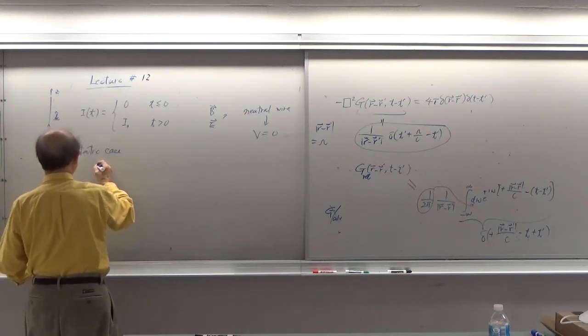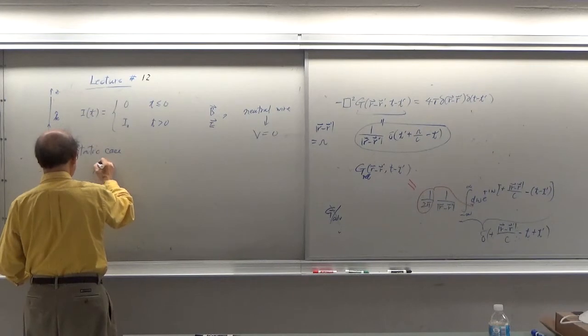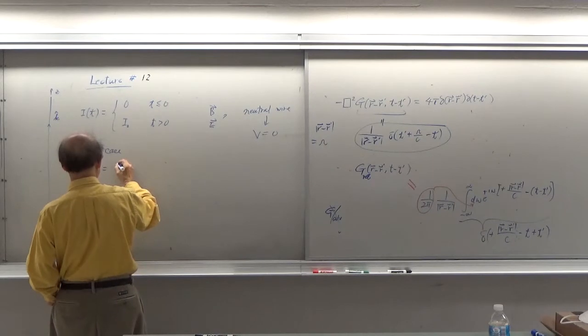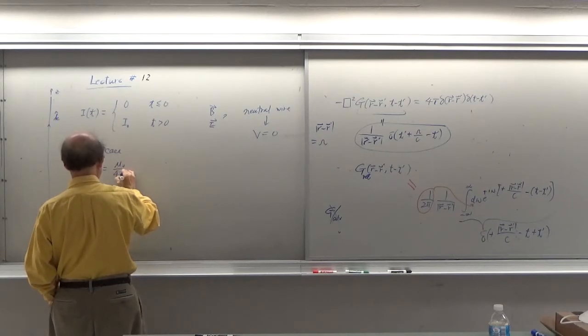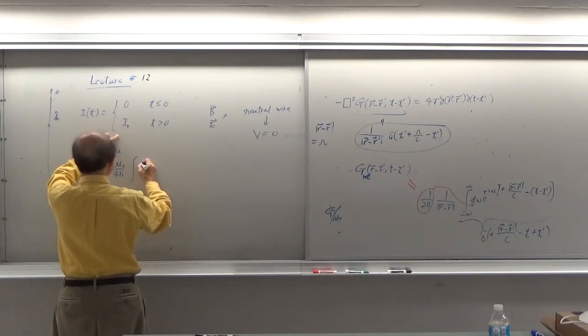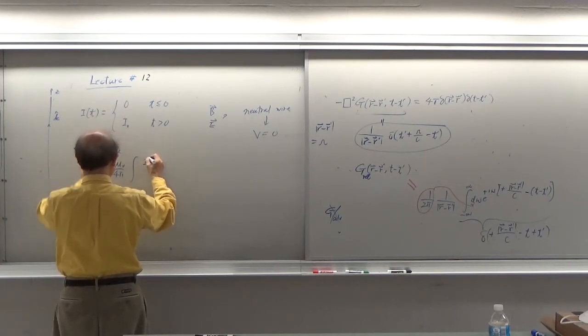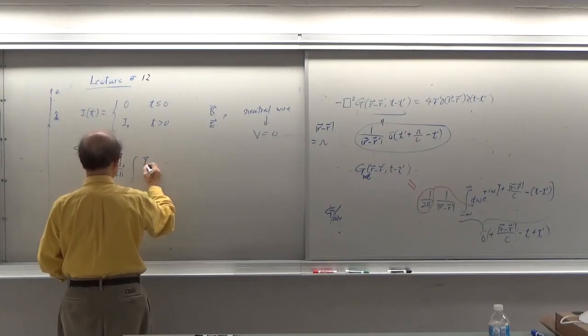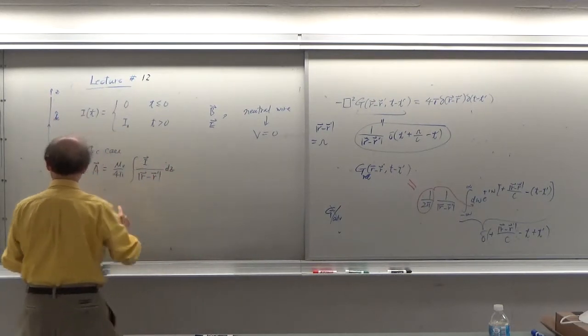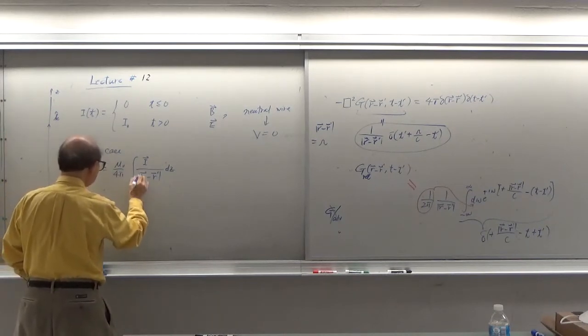So we see right away that the vector potential will be given by mu naught over 4 pi, I naught, which is in the k direction, divided by the magnitude of r minus r prime, integrated over the whole wire from minus infinity to infinity.